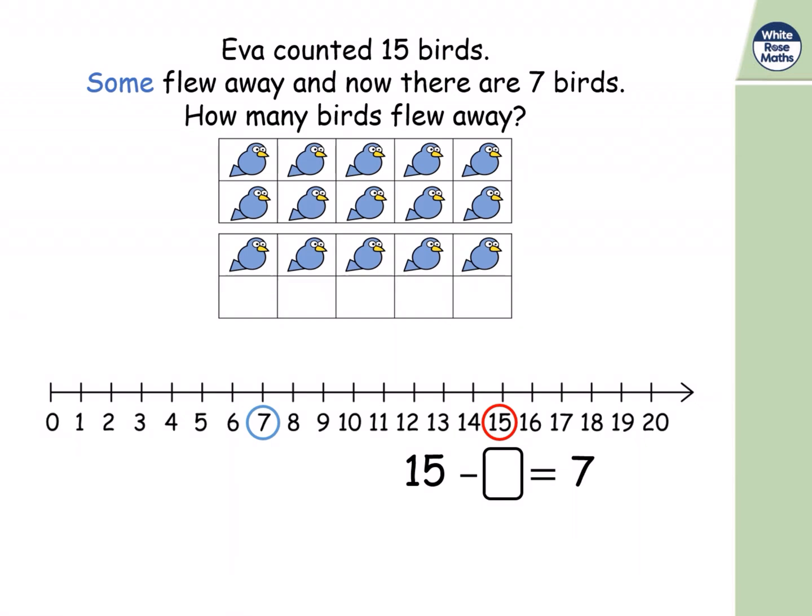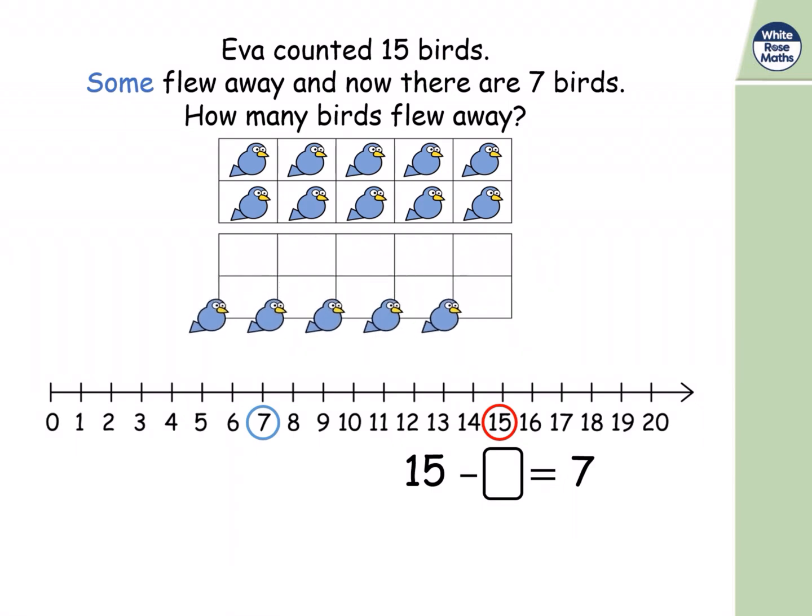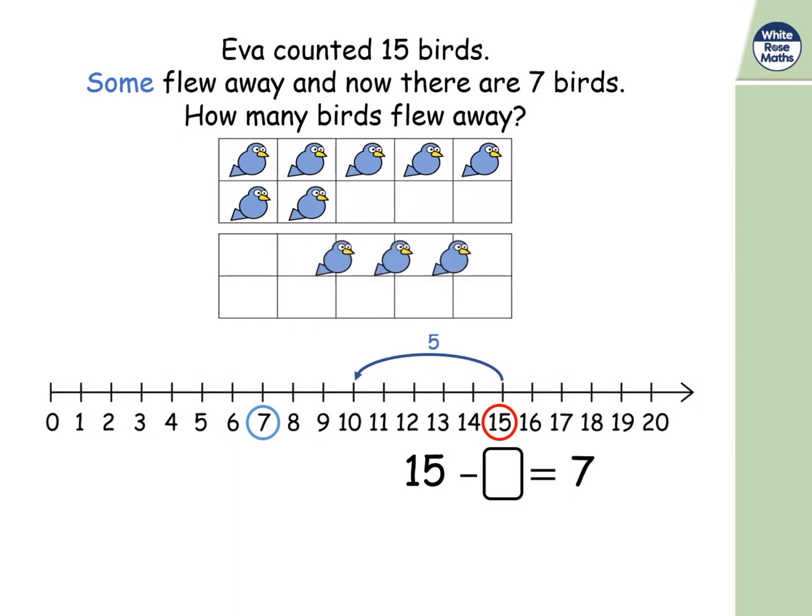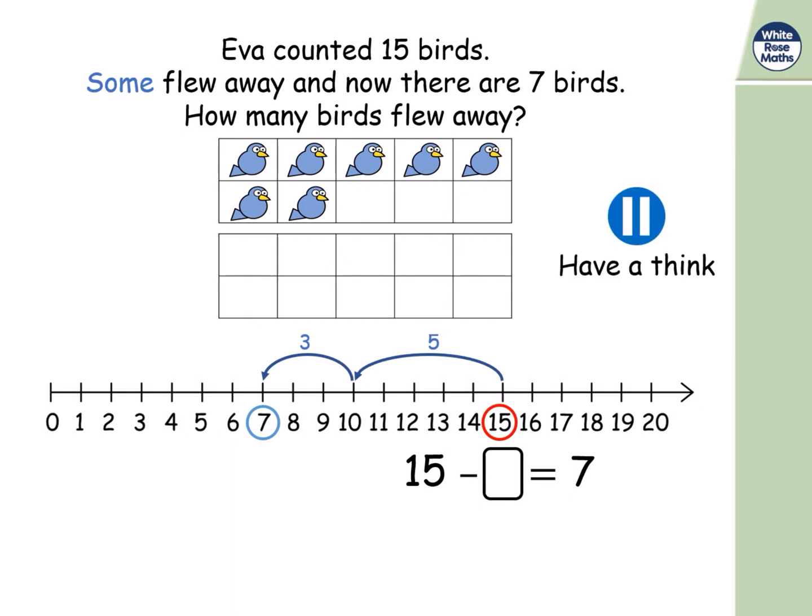So let's jump to the nearest 10. So we're starting at 15, and we'll get rid of 5 to start with, and that's a jump to the nearest 10. We're trying to get to 7, aren't we? So we need to do a jump of 3 to get us to 7. So the answer then is, pause the video to have a think. 7?